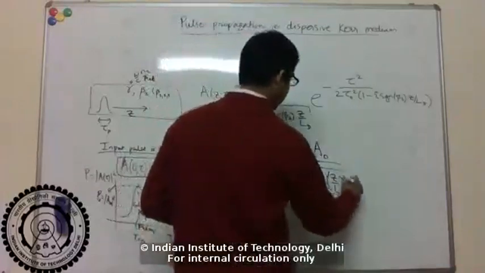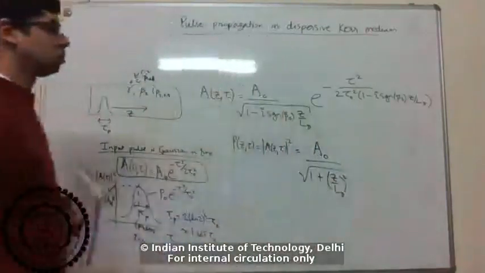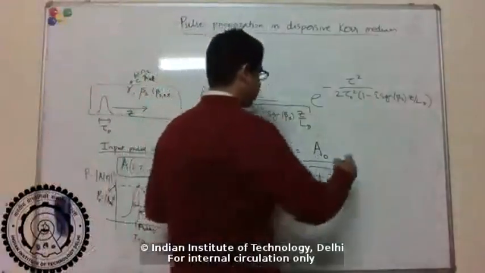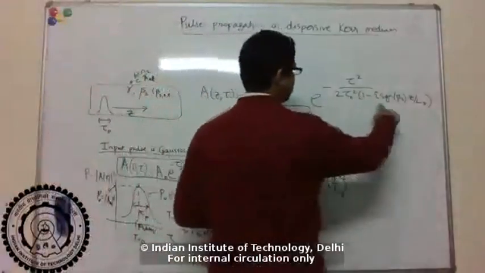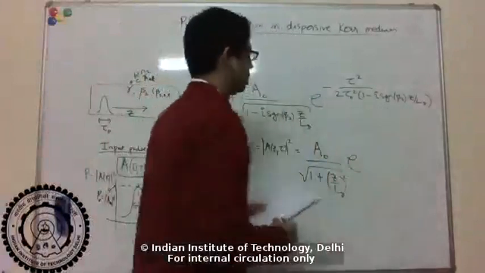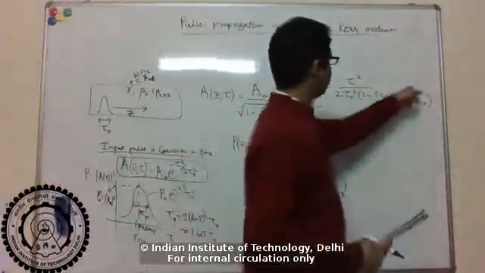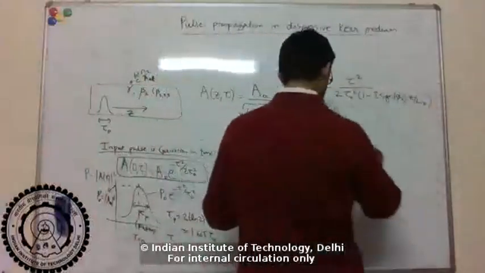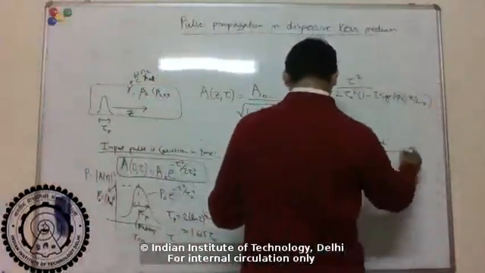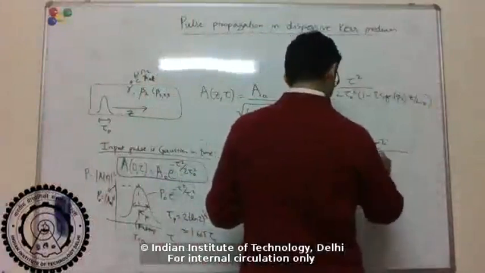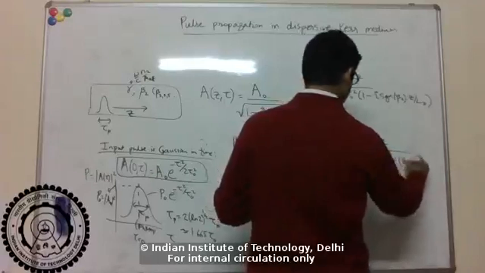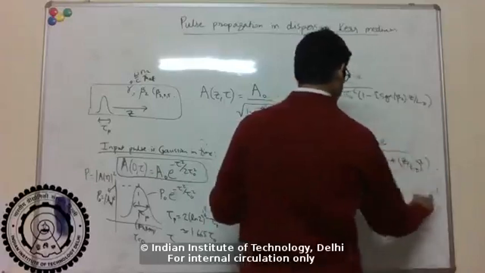So I just get Z over LD squared. And then you have to multiply this times its conjugate, so here also you get 1 plus Z over LD squared.